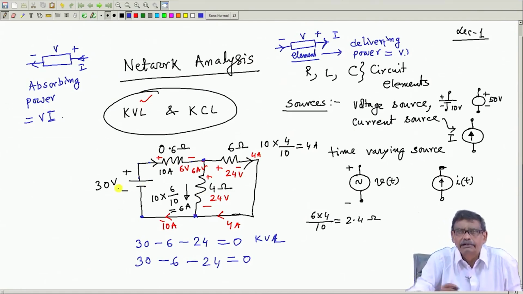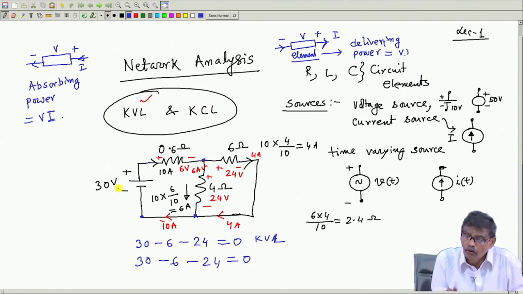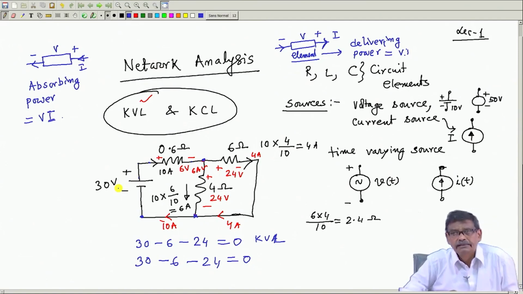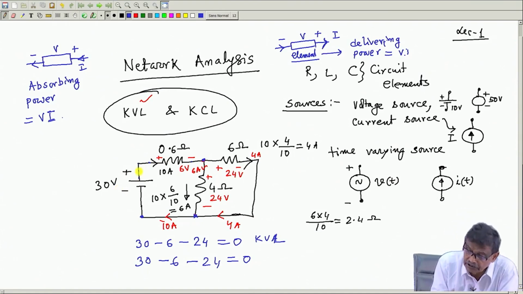This is a source, another element in the circuit. So, what is the battery doing, is it absorbing power or delivering power? Suppose I want to examine. So, I come to this battery, which has these two terminals.